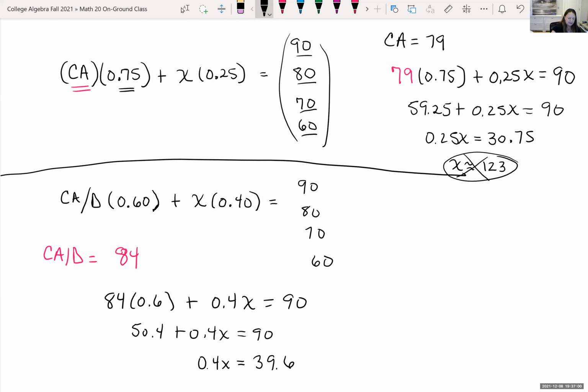We get x is 99. So it would be possible if this student had come in with a CA of 79 and a CA with their lowest score being replaced with a final, they could still get an A in the class if they got a 99%.